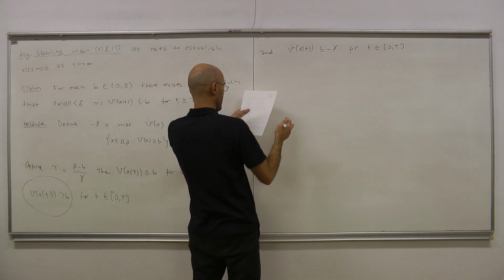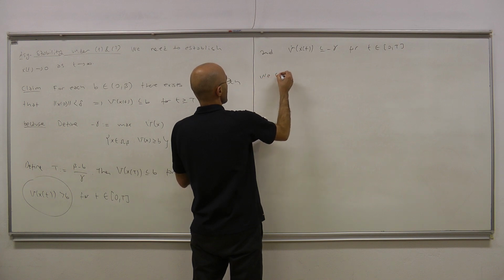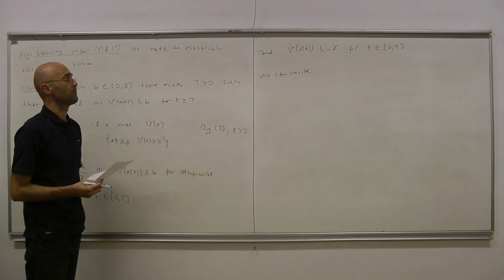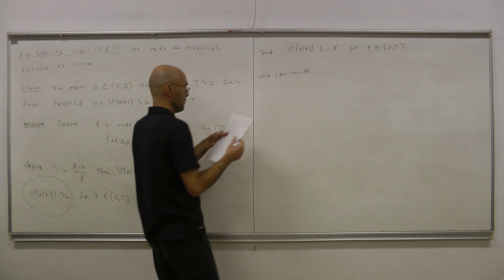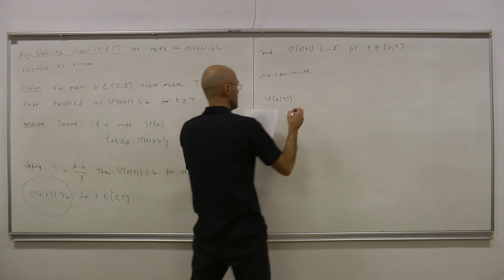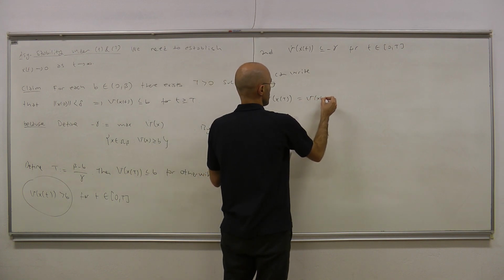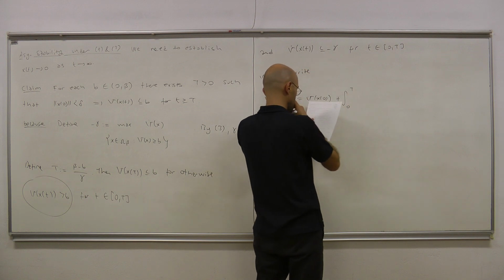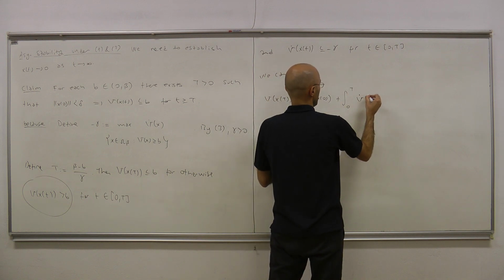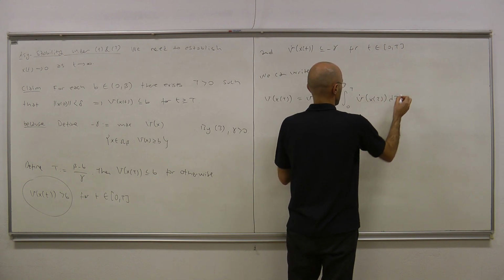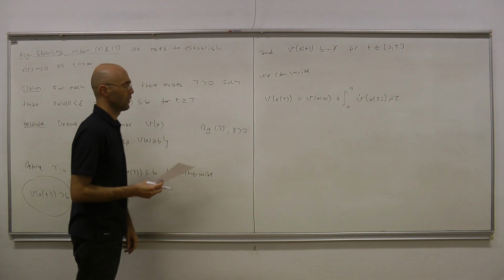We can write now, in the light of our discoveries, the following: v of x of t equals v of x of 0 plus the integral from 0 to t of v dot of x of tau d tau.